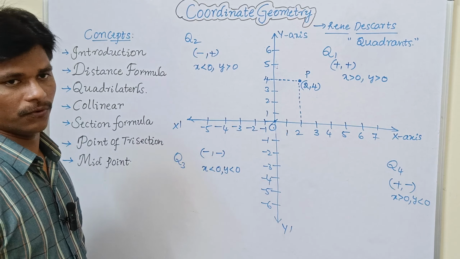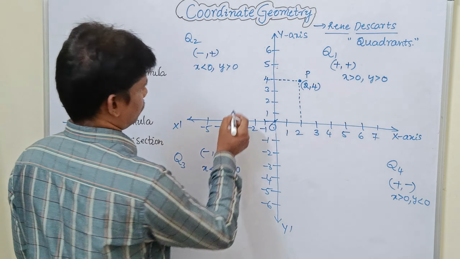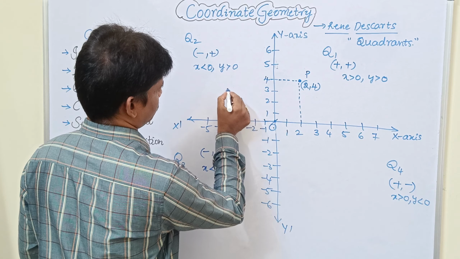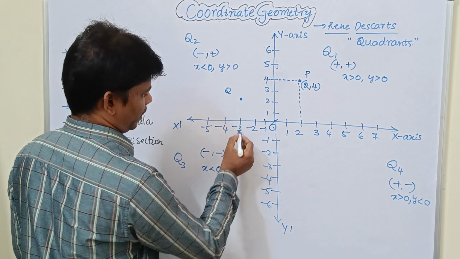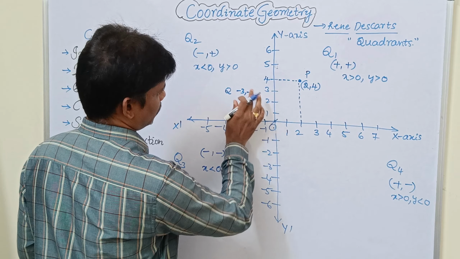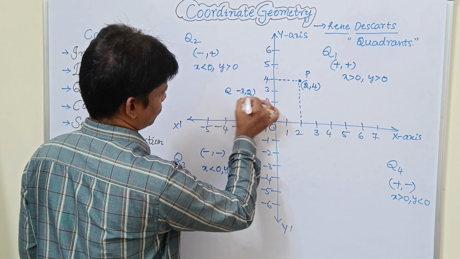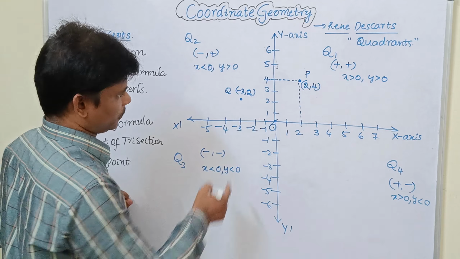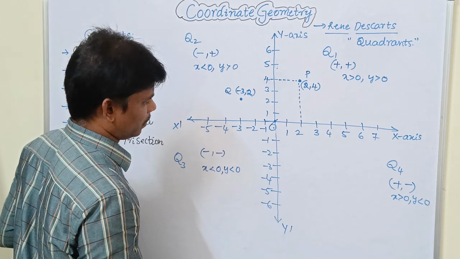Suppose one point here is Q. From the x-axis it is minus 3 units, from the y-axis it is plus 2 units. So it is minus 3 comma 2.